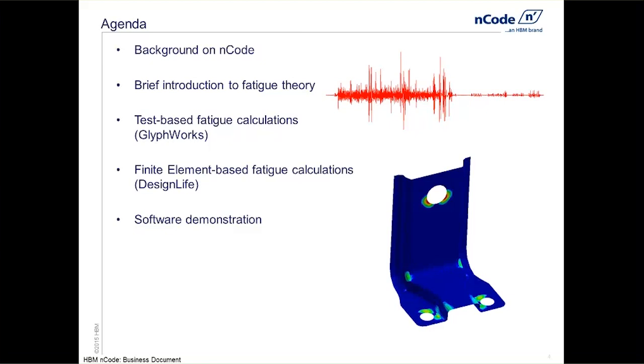And the idea behind this is that we can take a solved FEA model that has stresses. We can define how those stresses change inside DesignLife and come up with a fatigue plot. Basically, we're turning a stress plot, which we get from FEA, into a life plot that we generate with DesignLife.